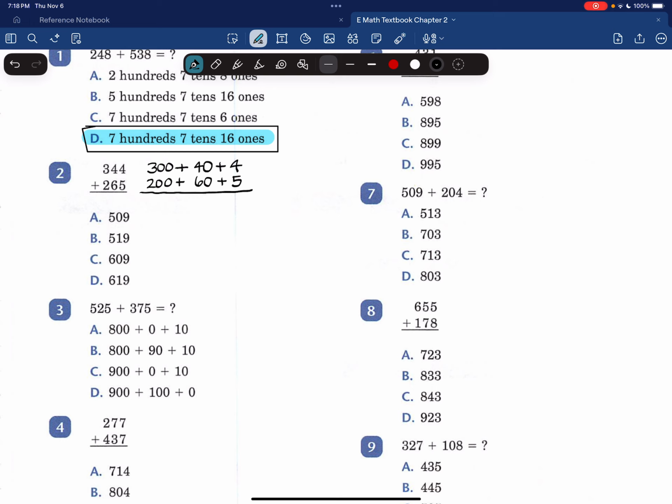And then we will combine. So we get 500s. We get another 100. And then we get a 9. So that leaves us with 600s, 0 tens, 9 ones. So that's 609. And that is option C.